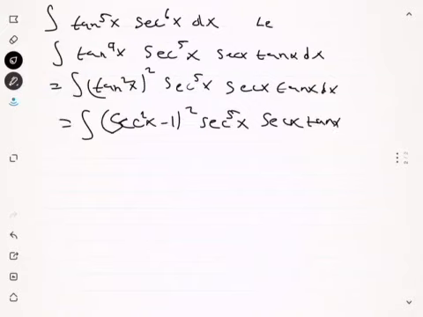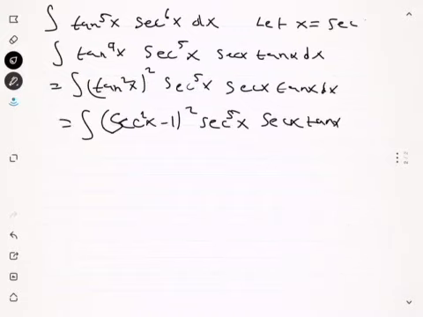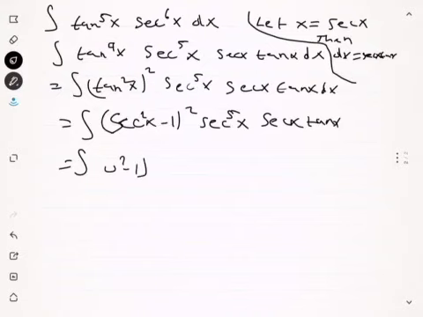So we're gonna let u equal secant x. Then du is secant x tangent x dx. Alright, so when you do that, you get (u squared minus 1) squared u to the fifth power du.